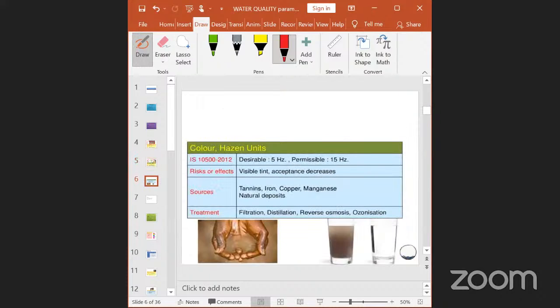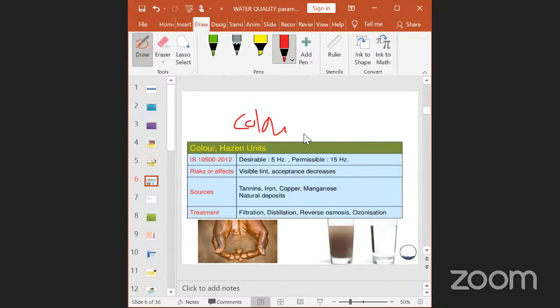And the next one is color. Pure water, as I told, is always colorless. But the presence of suspended solids gives apparent color to the water, while dissolved solids may impart true color to the water.